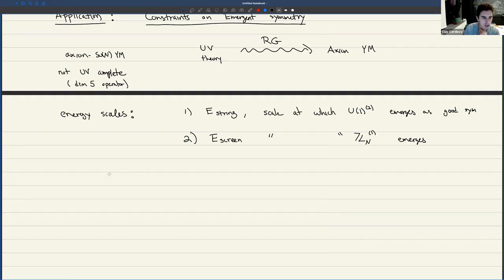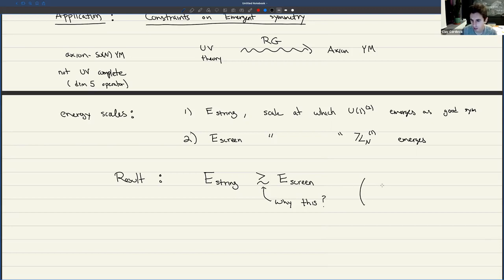And given these two scales, we have a little result. E string is always greater than or equal to E screen. Okay, so first of all, whenever you see this symbol in physics, you get nervous. Why this? Why not strictly less than or equal to, or something mathematically more precise?